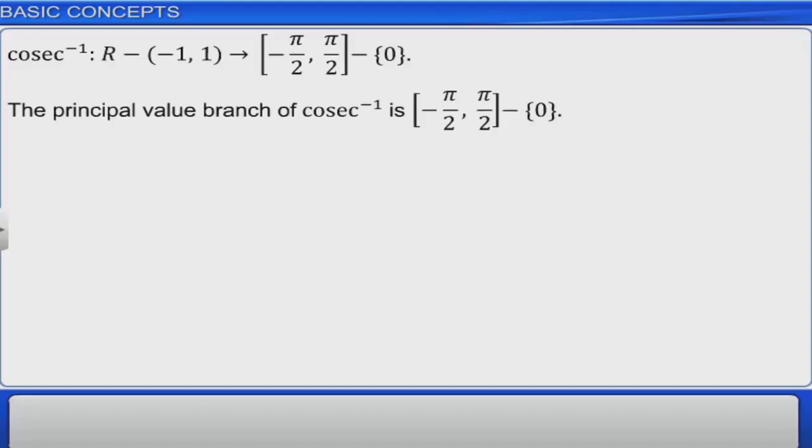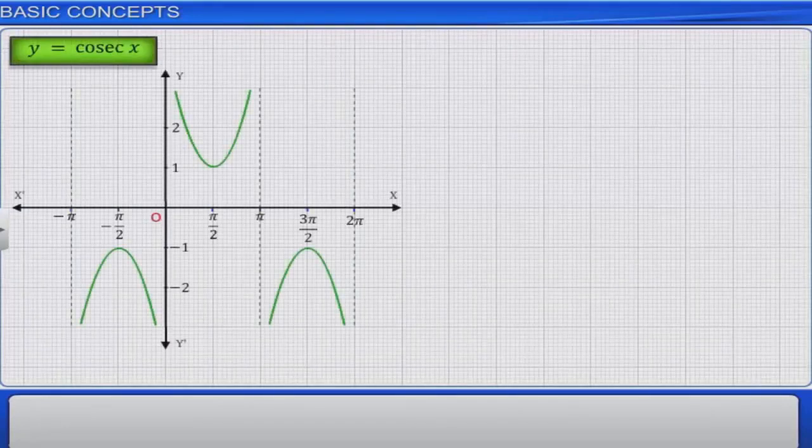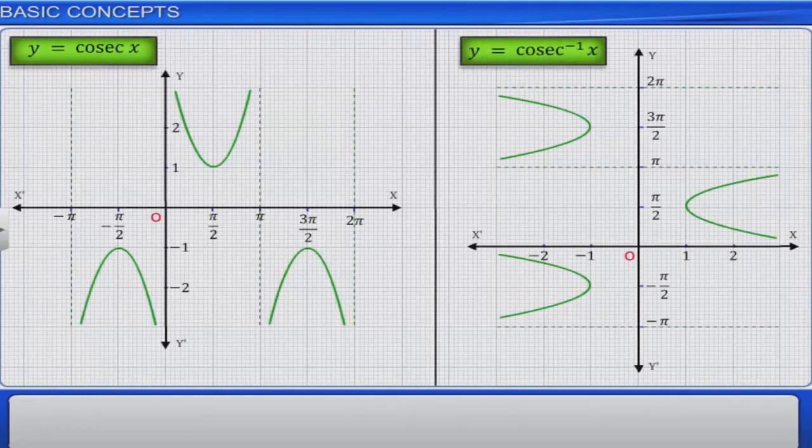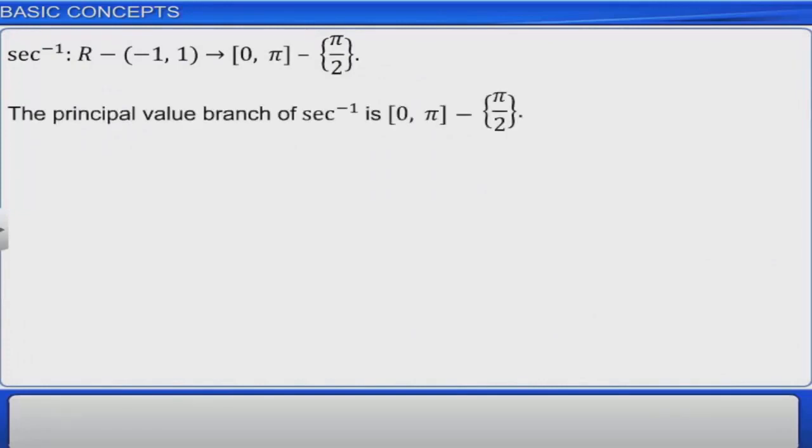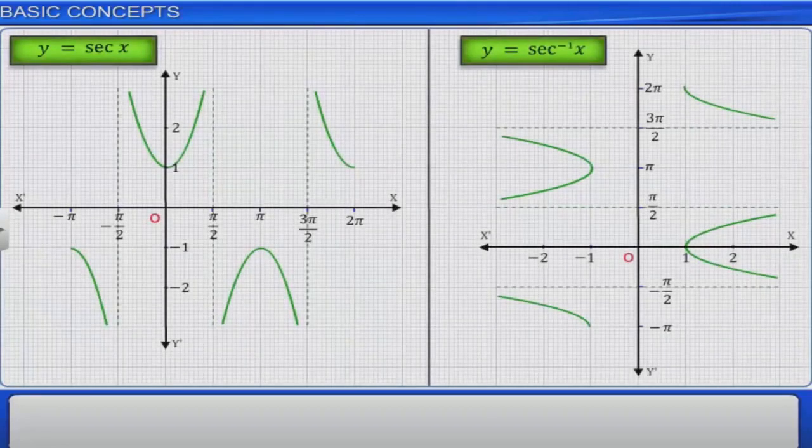Here are the graphs of the functions cosecant, and its inverse. The domain and range of the inverse secant function are shown here. The principal value branch of secant inverse is closed interval 0, pi, excluding pi upon 2. Here are the graphs of the functions secant and its inverse.